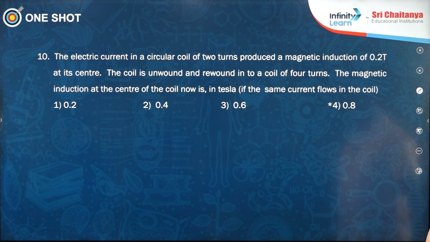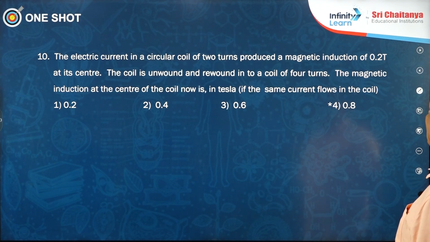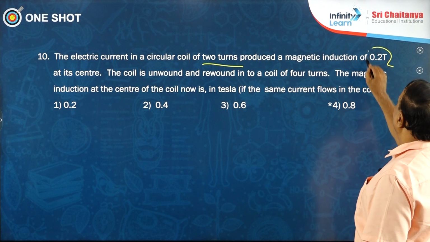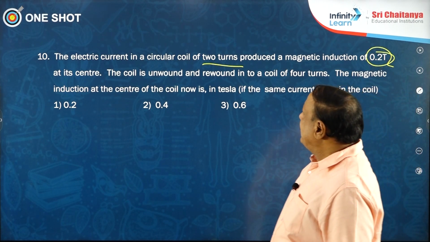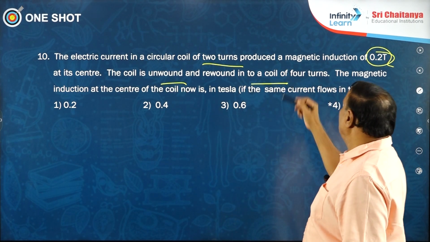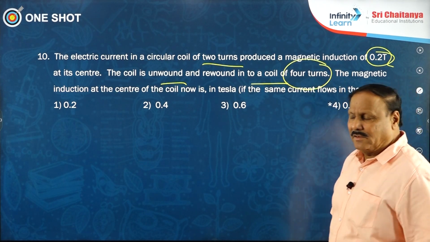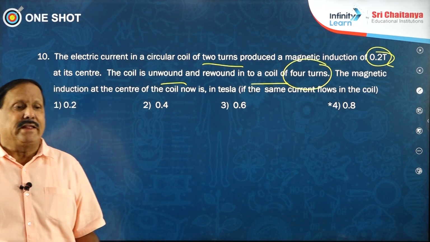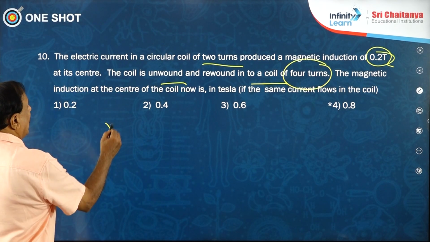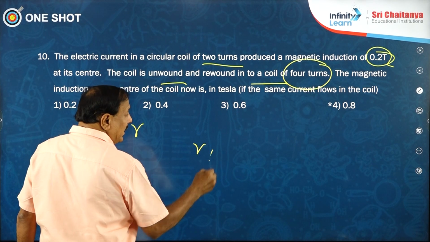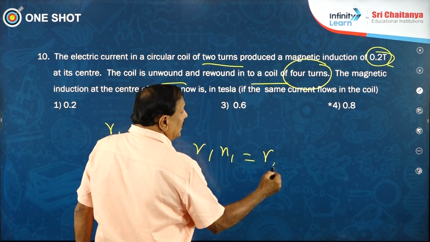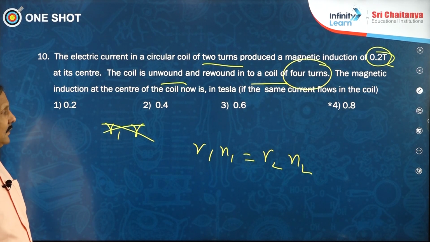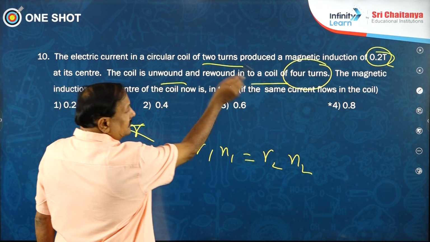Next, electric current in a circular coil of 2 turns produces a magnetic field of 0.2 Tesla at the center. The coil is unwound and rewound into 4 turns. As I told in the last problem, the coil is rewound in the sense same wire, same length of the wire. So, I have to take R1 N1 is equal to R2 N2. Here they gave only the number of turns.